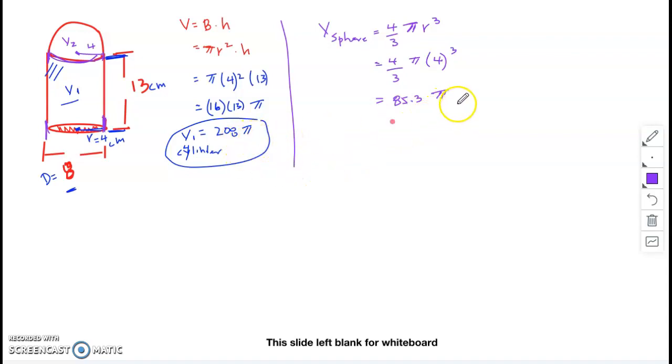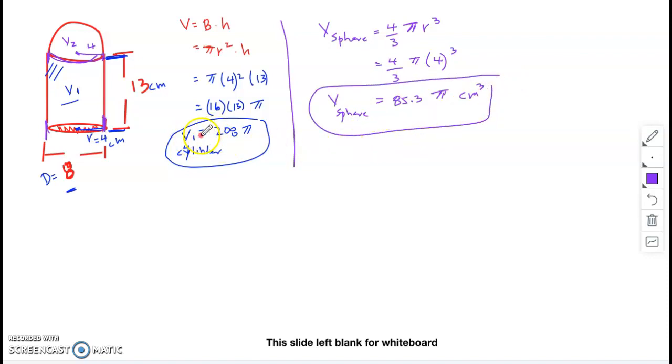I forgot the units, and that's a mistake. If my units are centimeters and I'm doing the volume, then it's going to be centimeters to the 3rd power. So the volume of the sphere is 85.3 pi centimeters to the 3rd power.